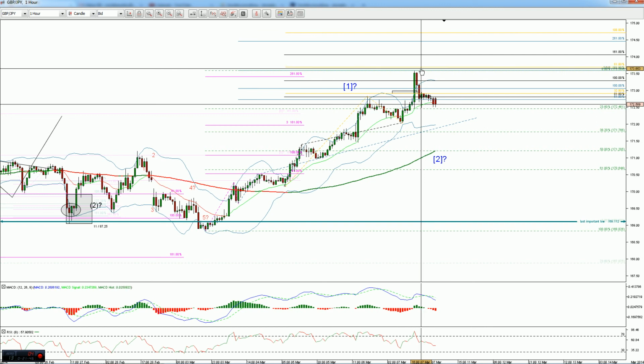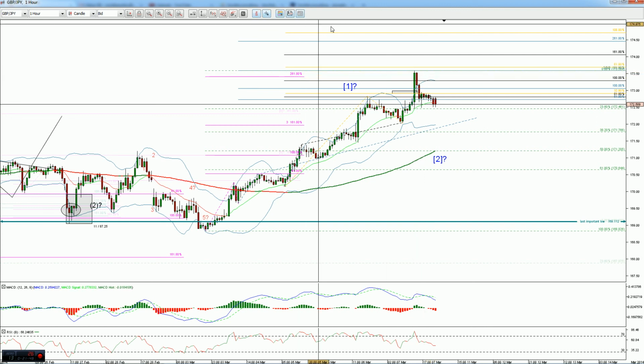It looks like it could have made more, but I cannot say it is because of the spread. It's a little bit more than a spread, because it's around 7 pips for the Great Britain pound Japanese yen. But I think that's the most probable or most correct count.